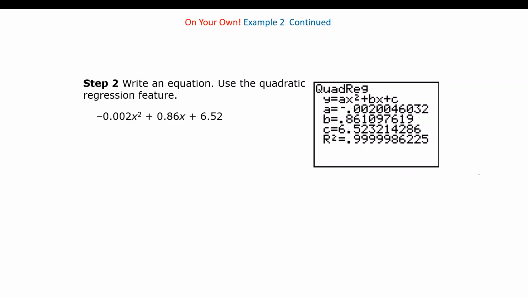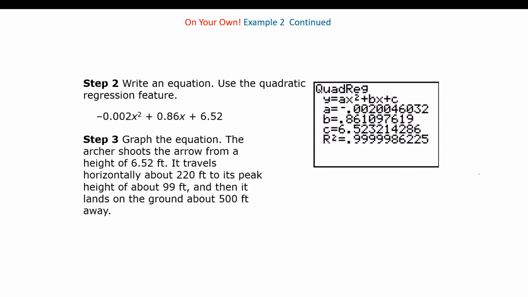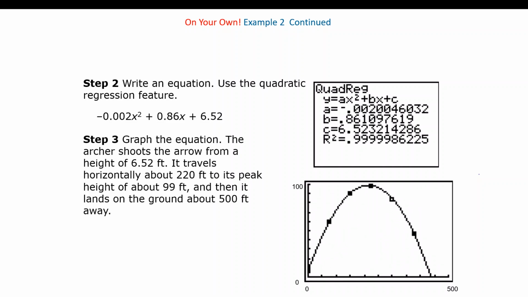And then finally, we need to use a verbal explanation of what happens. So let's take a look at our graph once you have it in your calculator. And the graph of the equation, so here's your verbal explanation. And you would need to write all these down in words. So this is going to be the part that you will write in words. So let's see what happens.